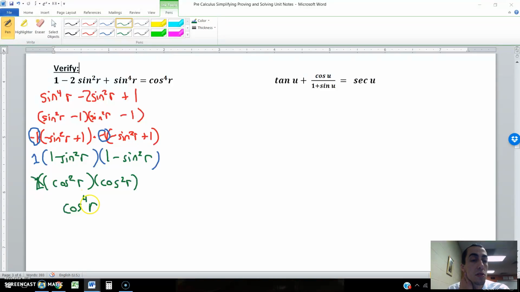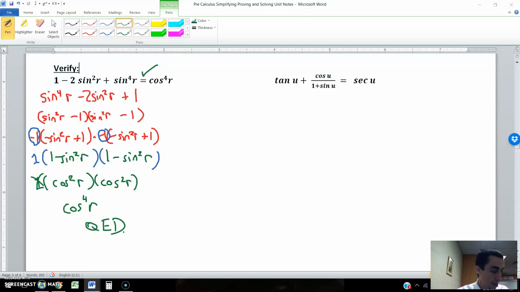So 2 plus 2 is 4. We've got cosine of r to the 4th power, or cosine to the 4th power of r. Now that's exactly what we wanted to show. And so we've just shown that that first identity is in fact true.